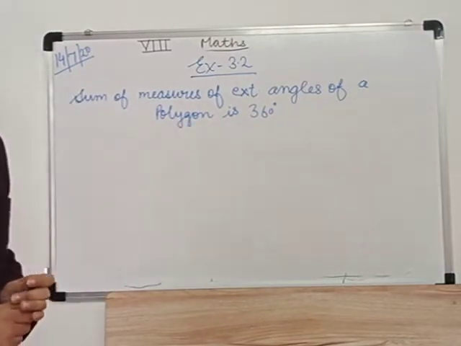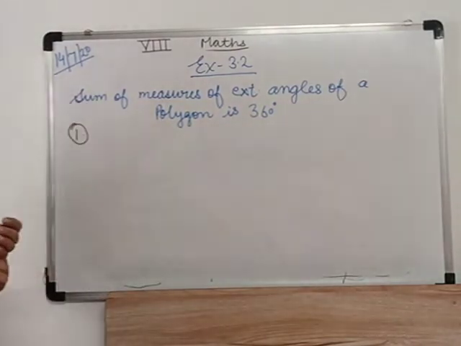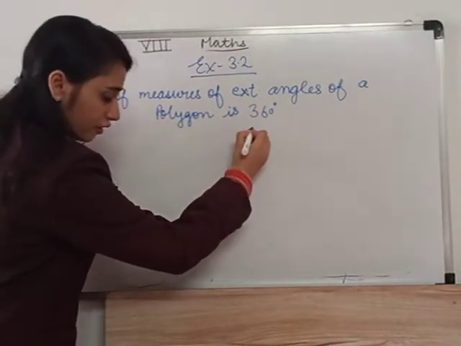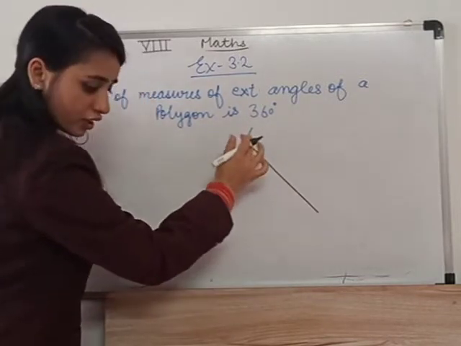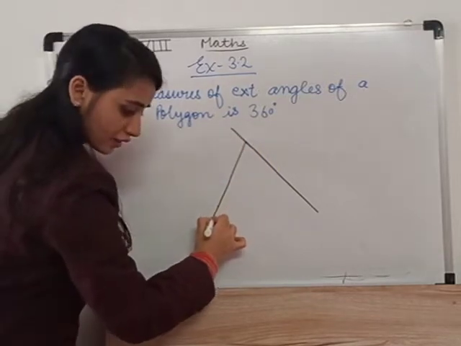Understood? So let's proceed with question number 1. What is question number 1? In question number 1, a figure is given like this, and in this figure you have to find the value of x.